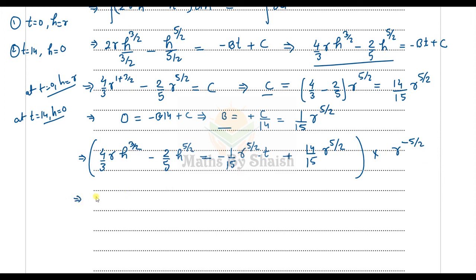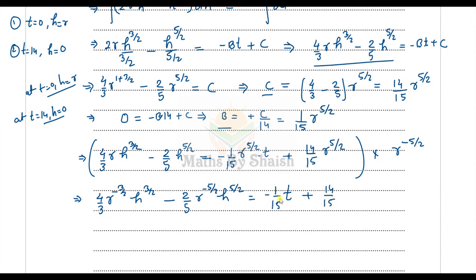So we will get 4 by 3 r raised to the power 1 minus 5 by 2, which is minus 3 by 2, and h to the power 3 by 2, minus 2 by 5 r raised to the power minus 5 by 2 h raised to the power 5 by 2 is equal to minus 1 by 15 times t plus, this got cancelled, so we're left with only 14 by 15.